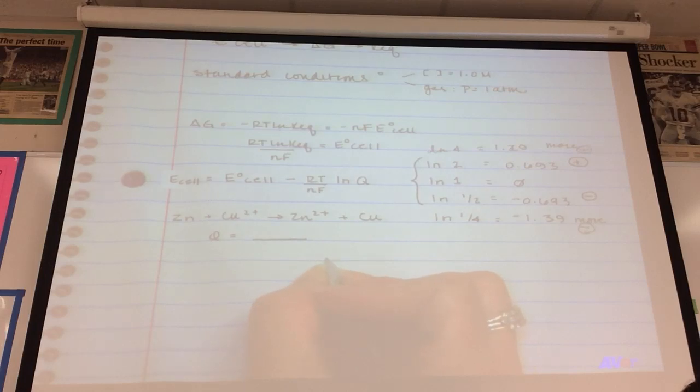What over what? Concentration of zinc 2 ion, or zinc ion has to have a 2 plus charge, over copper 2 ion. Correct?